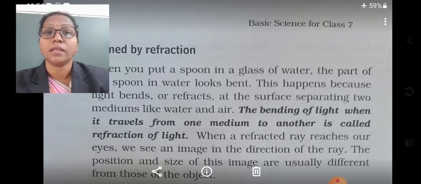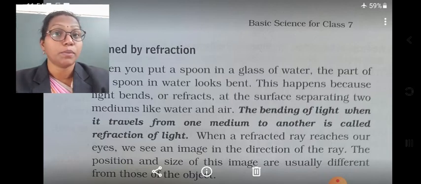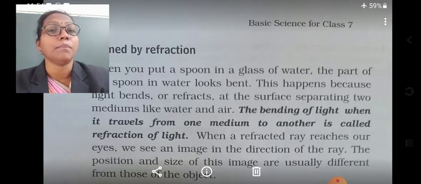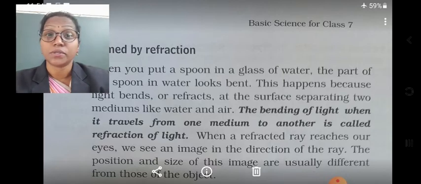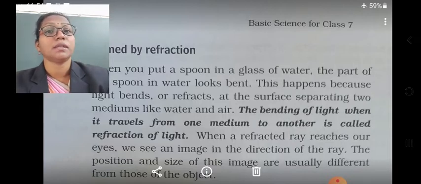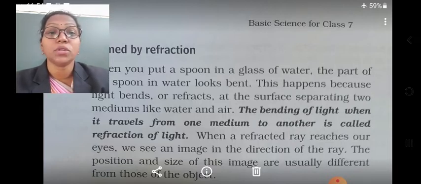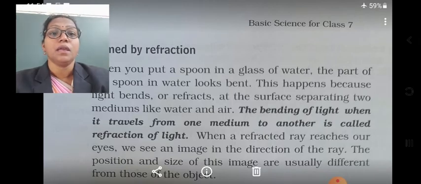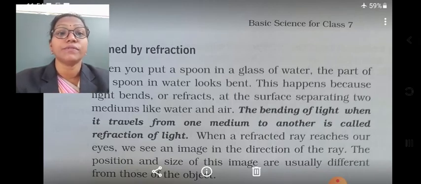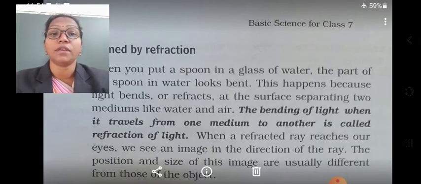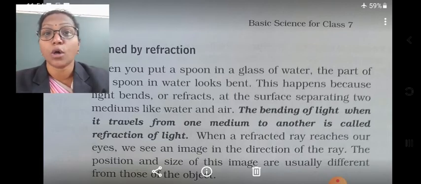So the image in the air appears to be straight, and the image that is formed in water after refraction appears to be bent. So a straight scale or a spoon or a pencil or a stick appears to be bent in water. The position and size of this image are usually different from those of the object.